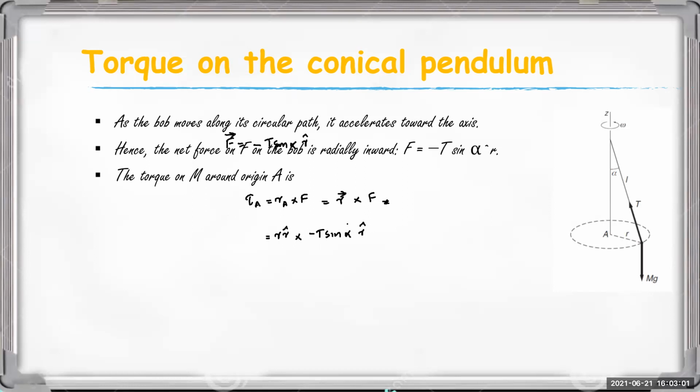Here both are in the radial direction. It must be equal to 0.